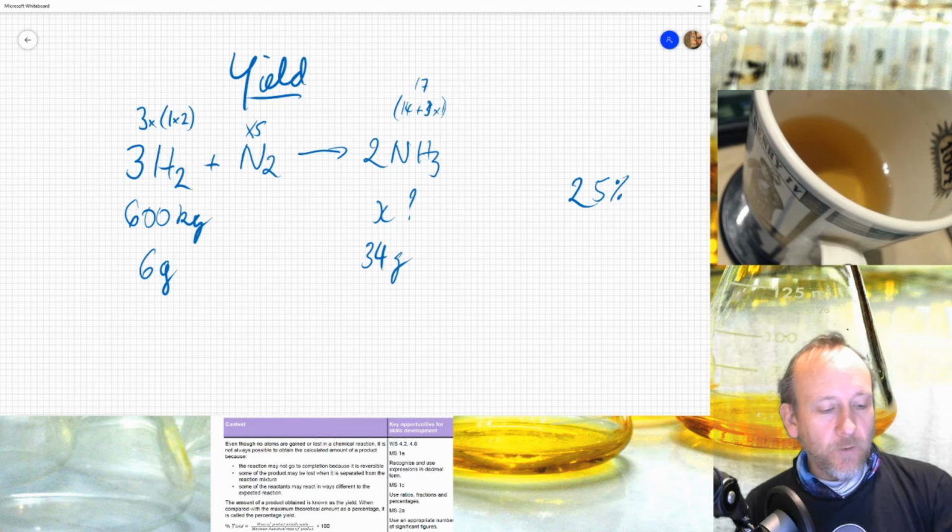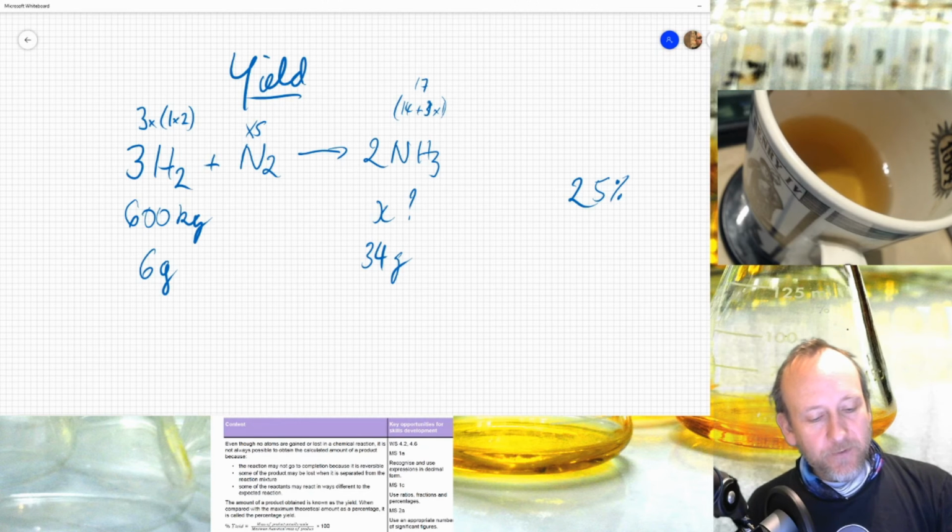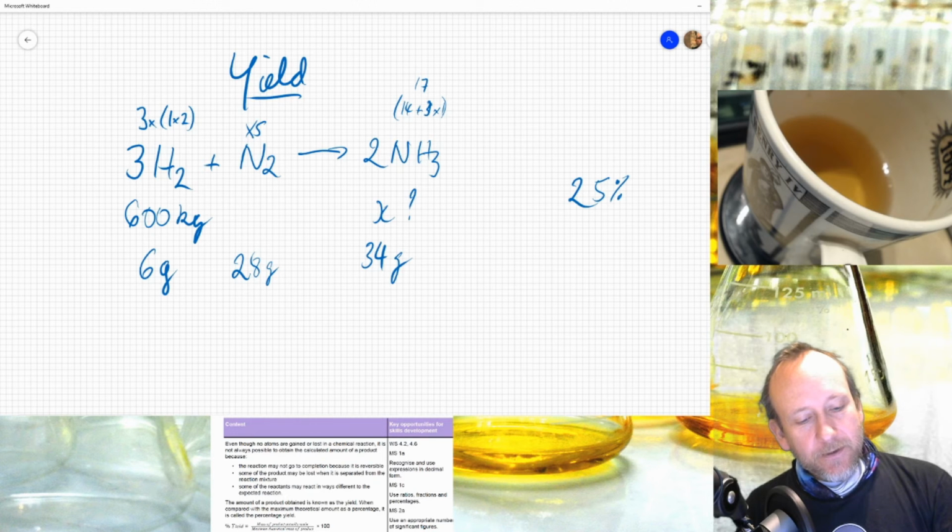So in total, 6 grams of the hydrogen would give you 34 grams of the ammonia. And that, of course, we can then calculate that's 28 grams of the nitrogen here. And we know nitrogen has a mass of 14, and you've got 2 of them, so that's 28.